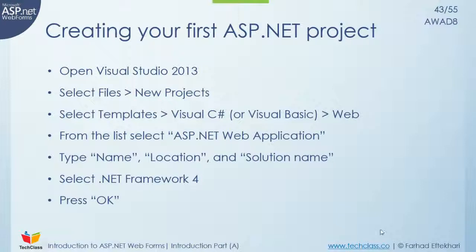And then finally make sure to select .NET Framework version 4 and then press OK. We're going to go through it together and make sure that you're able to create a project.